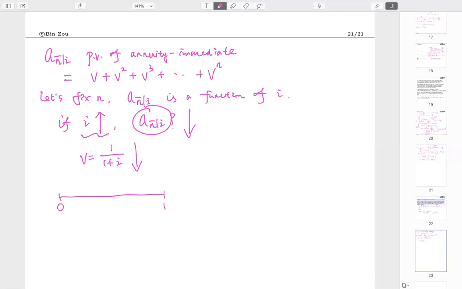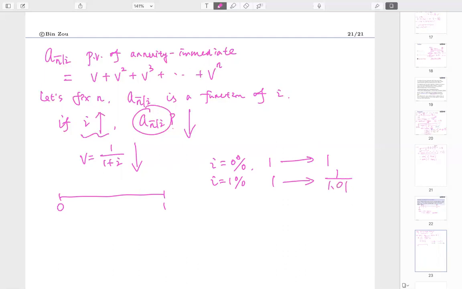So let's say here, if i is 0%, if there's no interest, the interest rate is pretty much 0. Then when you discount, it's $1, it's discounted back to $1, right? When i is 1%, $1 becomes 1 divided by 1.01.